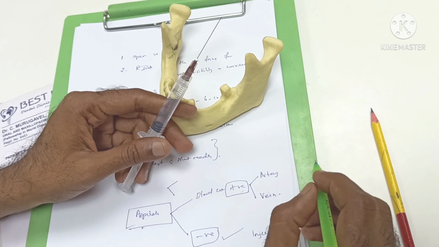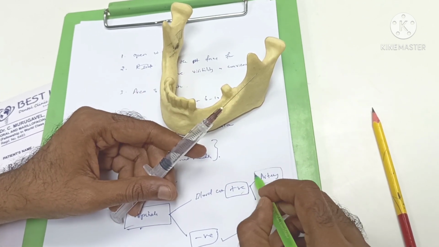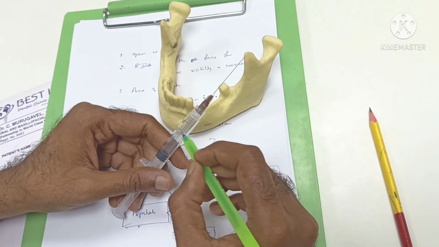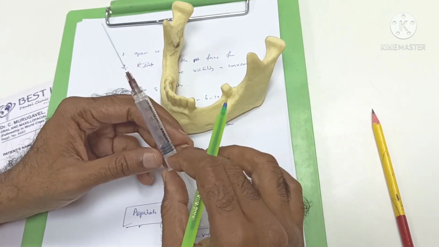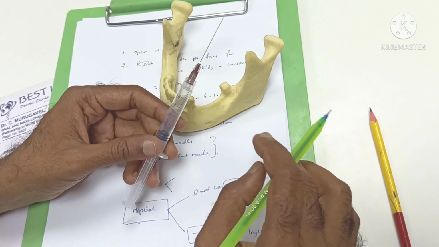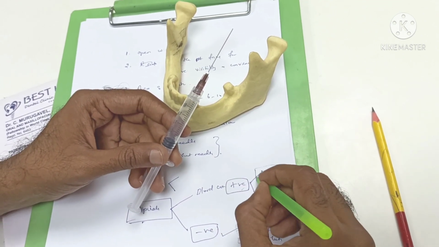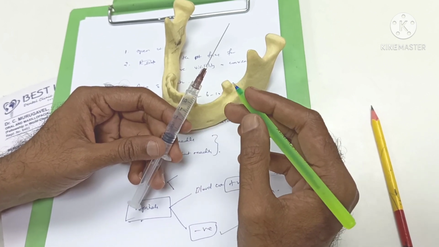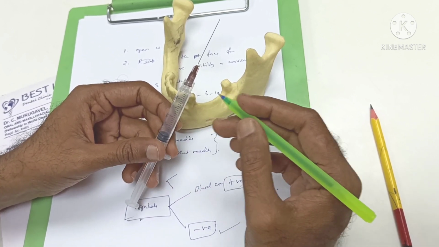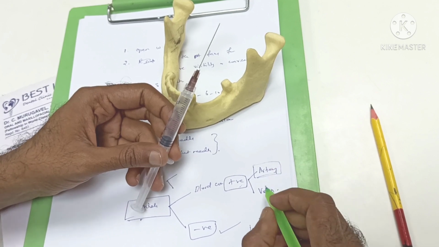So what to do if the blood comes from an artery? That means the entire solution becomes bright red. It is better to remove the entire syringe, throw it away, get a new syringe and start the procedure. If you inject the same solution, because it contains blood, the patient may have trismus or pain and muscle issues.